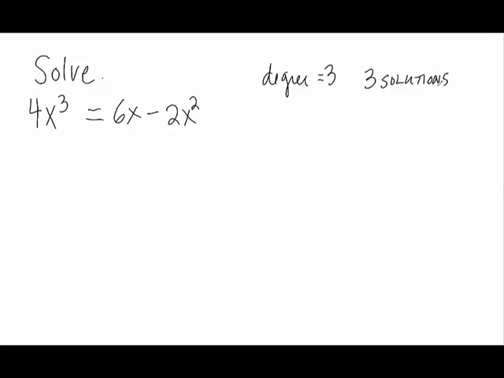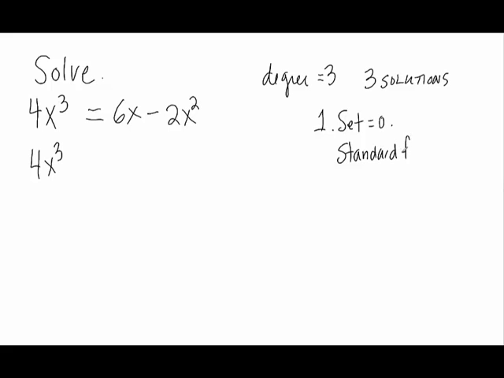Now, to solve a polynomial equation, since there are 3 solutions, we're going to have to use factoring, and the first step is to get it set equal to 0 and make sure that you've done that by putting it in standard form.